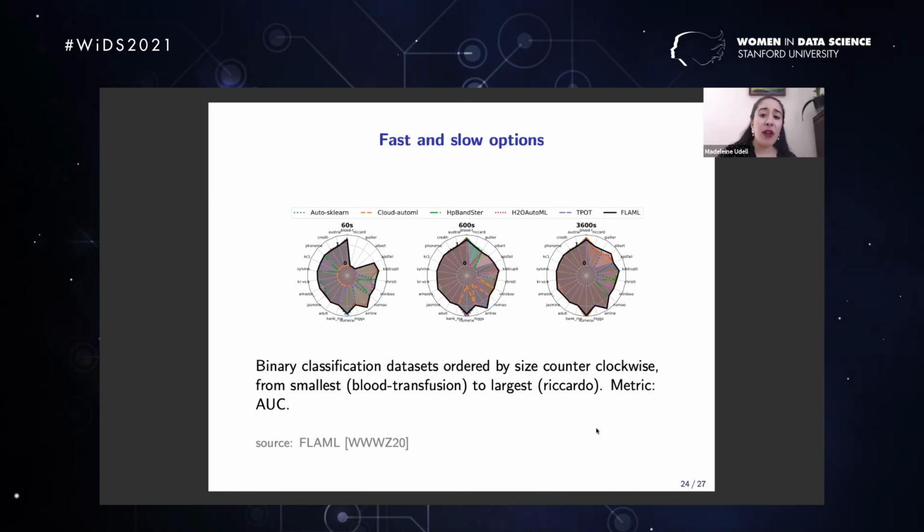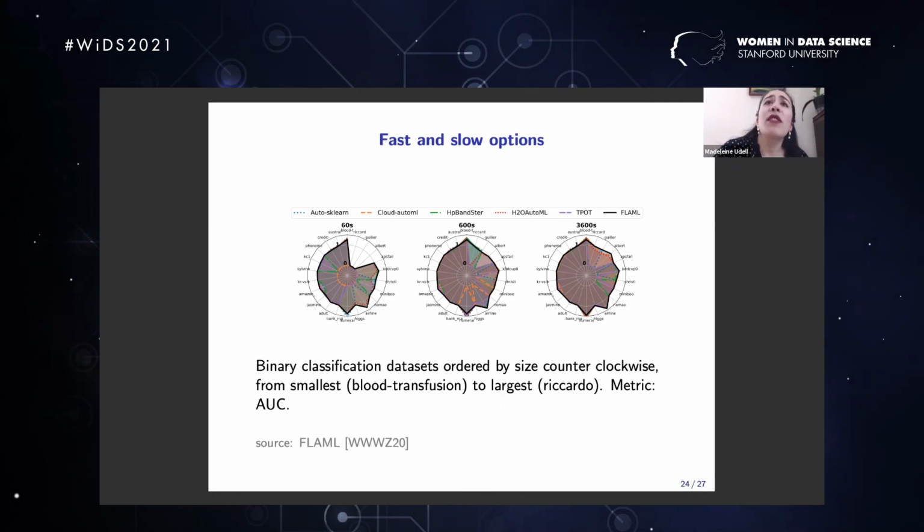So this is a picture from a paper on Flammel, which shows the performance on a bunch of different data sets. In fact, these data sets are ordered by size counterclockwise from the smallest, blood transfusion, to the largest, Riccardo. On the smallest data set, you can see that Flammel is performing super well with a very short time budget.